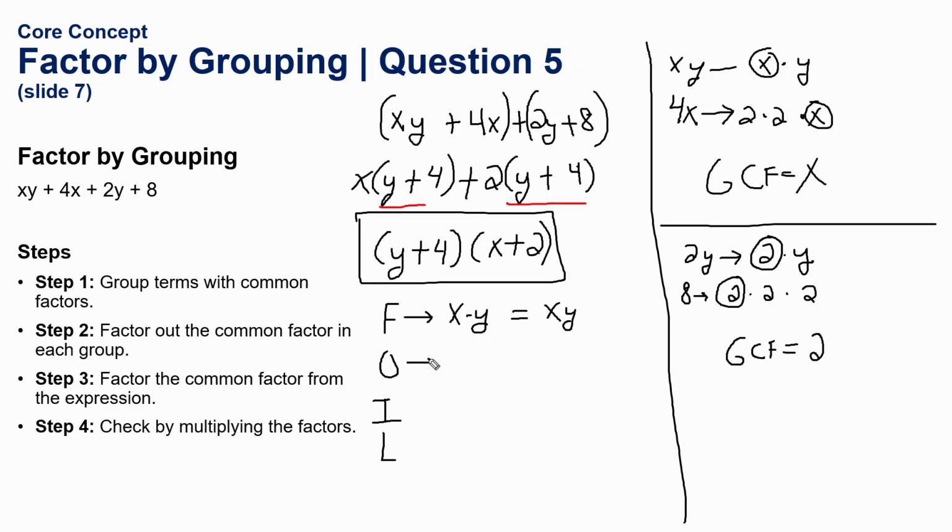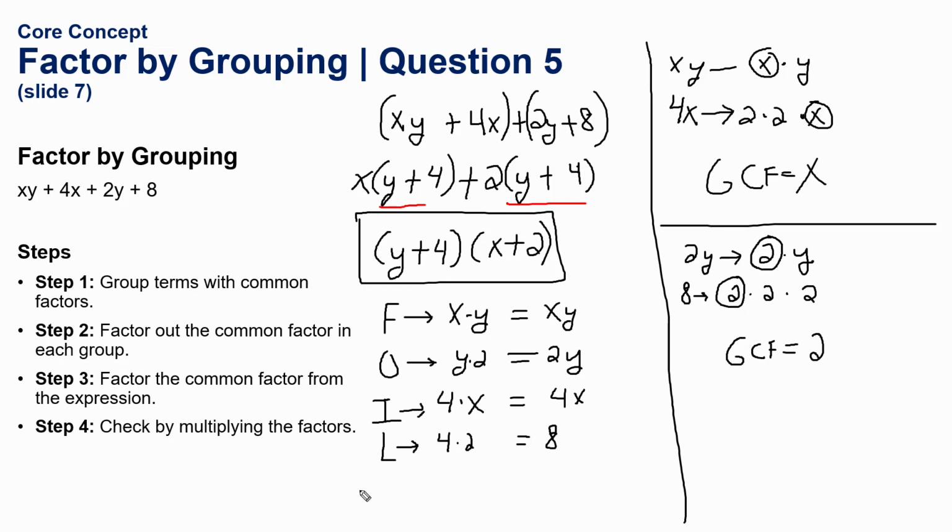The outer then is y times 2, which we can write as 2y. The inner, which can be written as 4 times x, so equals 4x. And then the last, which is going to be 4 times 2, which is equal to 8.